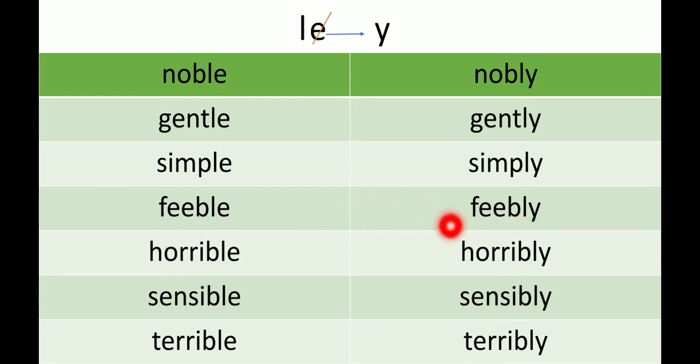Horrible, horribly. Sensible, sensibly. Terrible, terribly. We have just dropped e from these words and added y to make them adverbs. Okay, this is rule number 2.